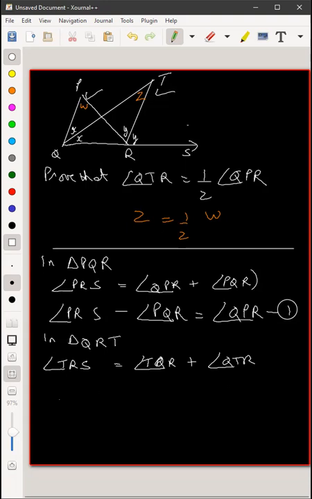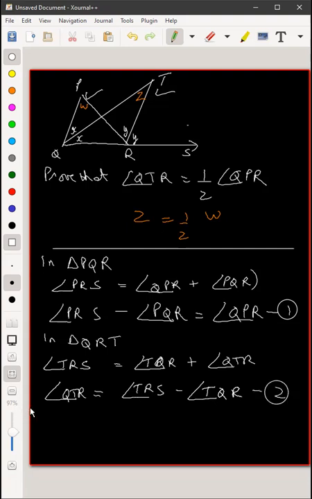Or we can say that angle QTR is nothing but angle TRS minus angle TQR.